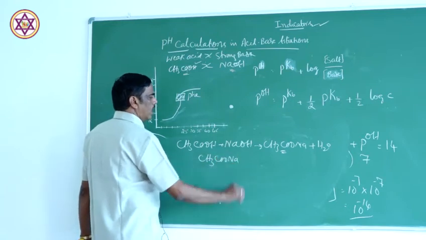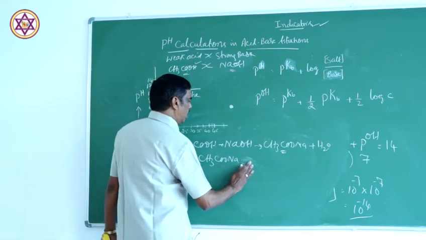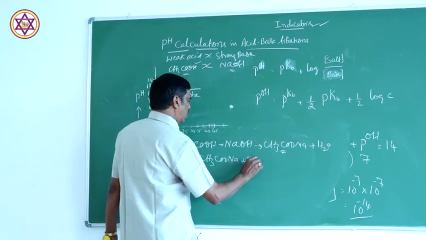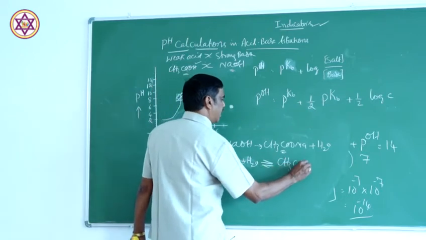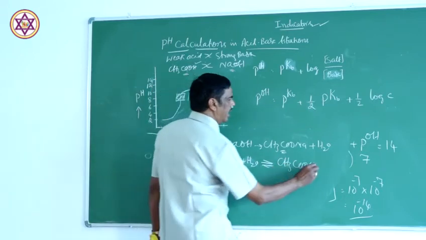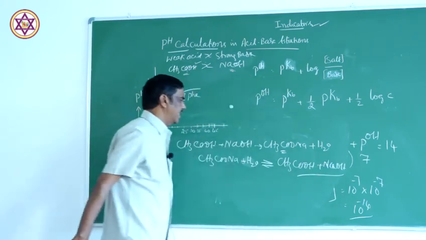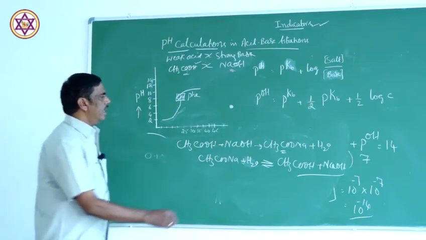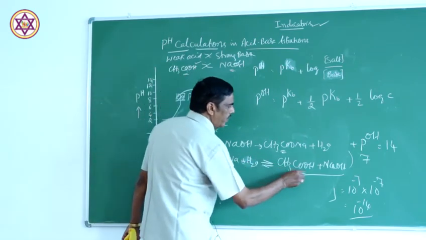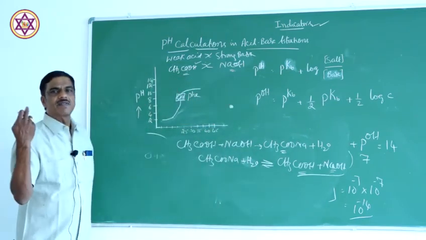It undergoes hydrolysis to form acetic acid and sodium hydroxide. Here the product acid is weak, but the base is strong, therefore pH rises.